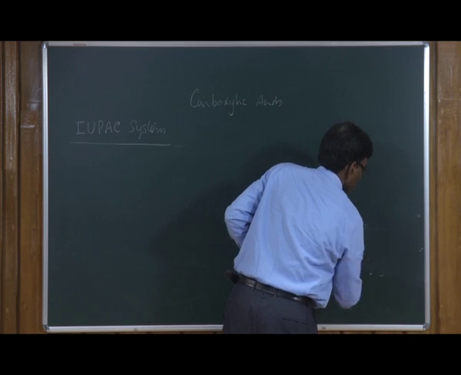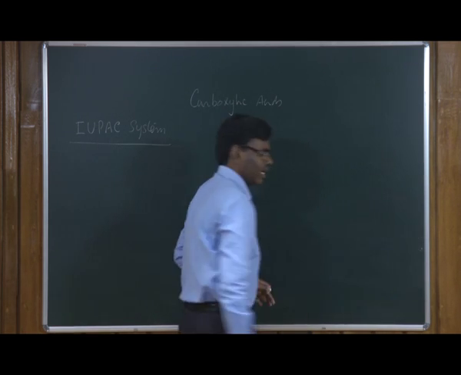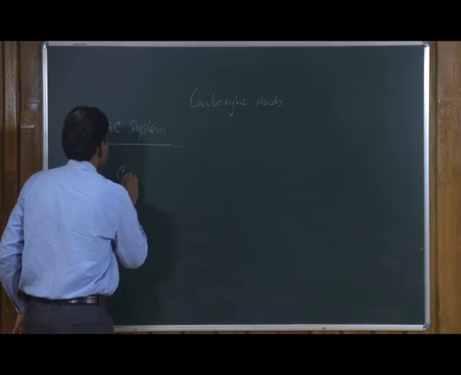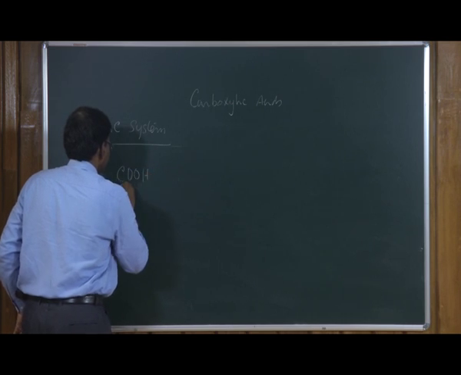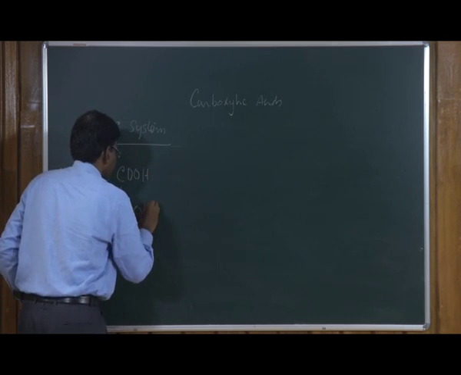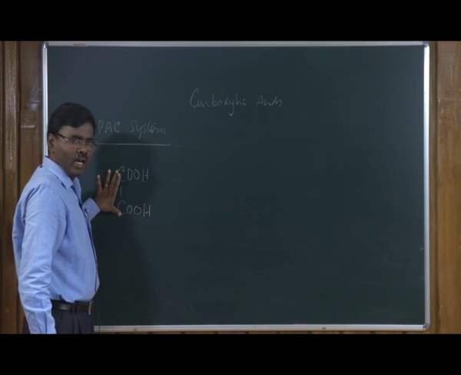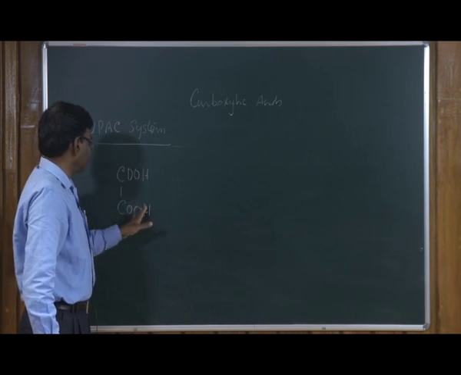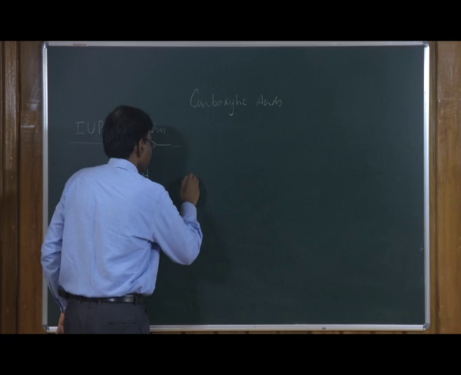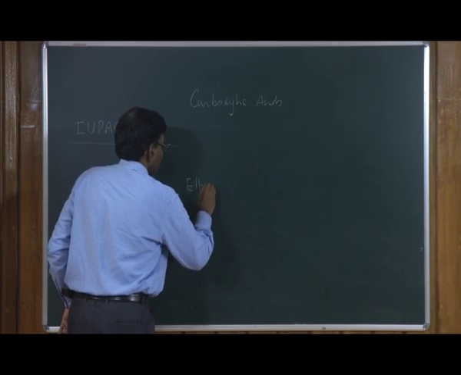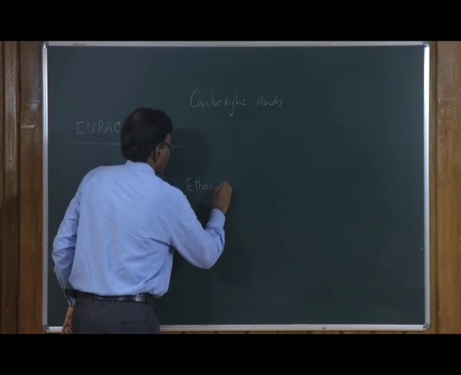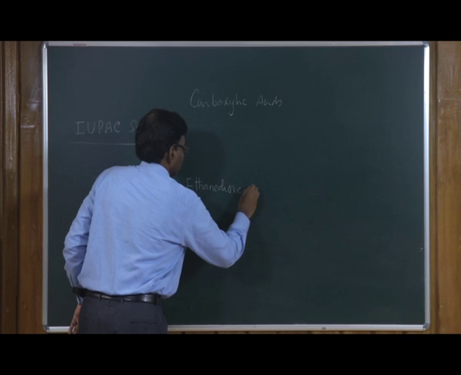Now, let us see a few examples for dicarboxylic acids. Just we have seen the name of this dicarboxylic acid as oxalic acid in the common system, and the IUPAC name of this is ethanedioic acid.